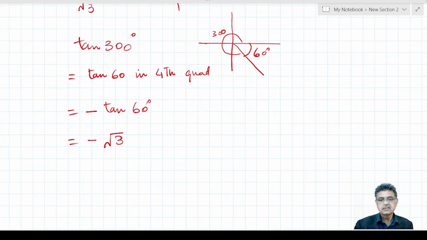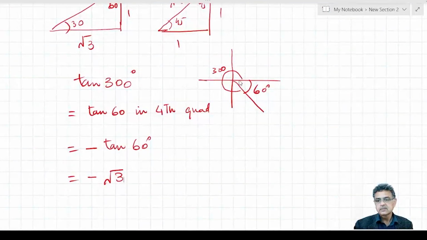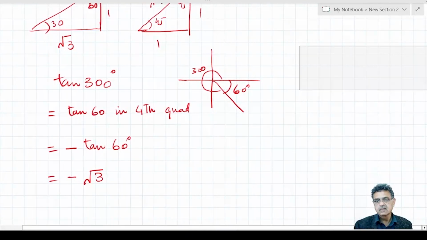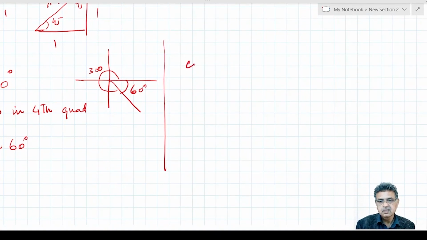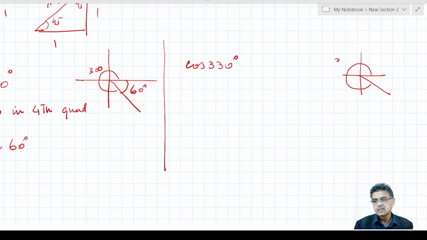Cos 330 degrees. I write it here, cos 330 degrees. If I make the figure, 330 will be this much. Then its reference angle or basic angle is 30 degrees.